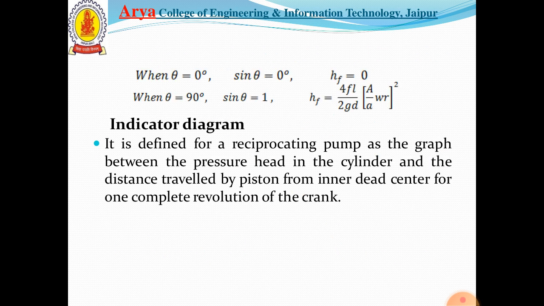The equation can be discussed with the effect of theta. When theta equals 0, sin theta equals 0 and the friction loss h_f is equal to 0. When theta equals 90, sin theta becomes 1, and the loss due to friction becomes the highest, that is 4 f L upon 2 g d into A upon a omega r whole square.